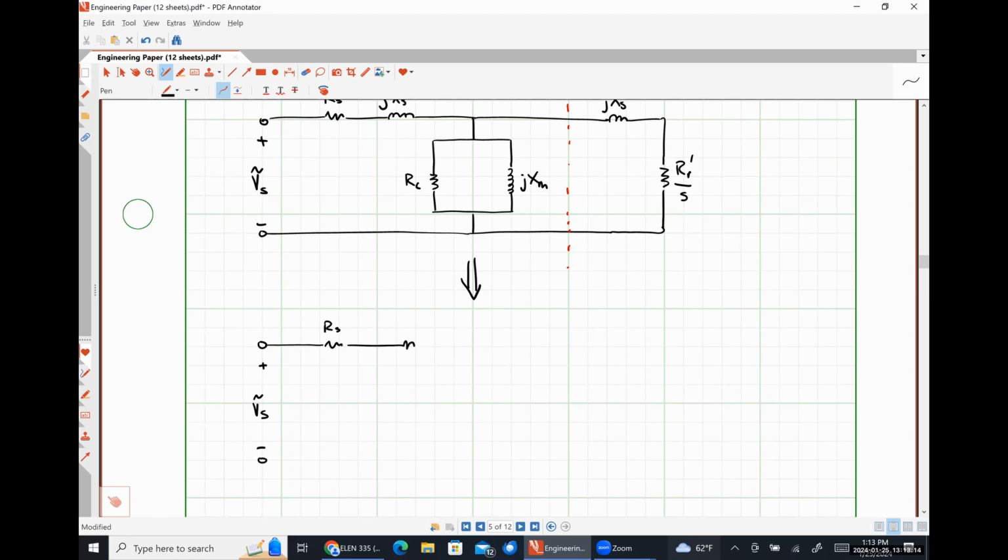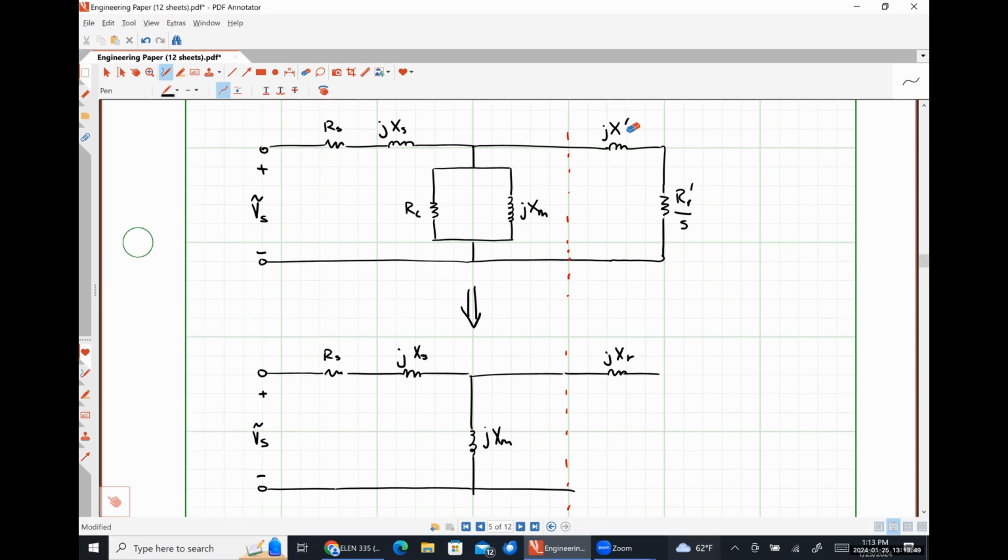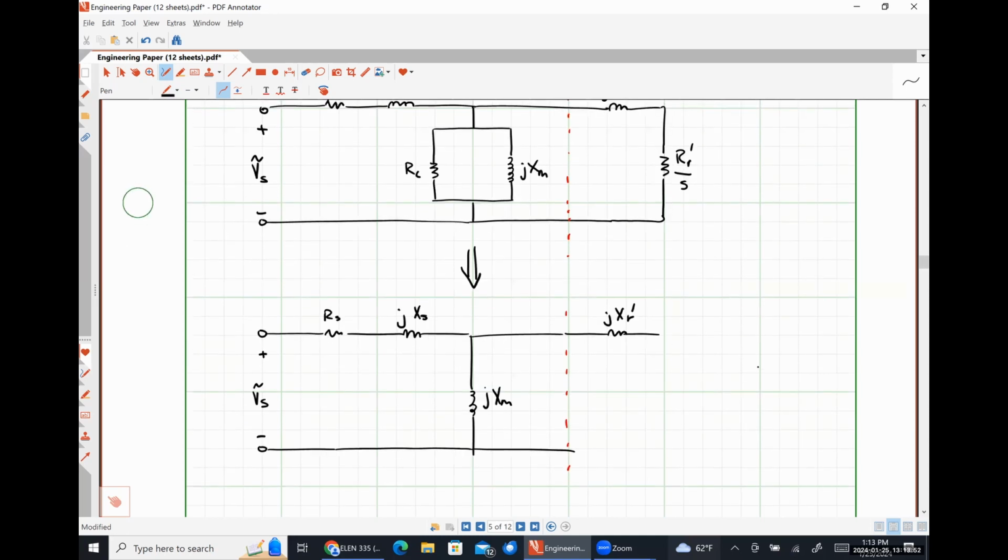RS, JXS, JXM, air gap, JXR, dang it, I made that mistake up there too. R prime, R sub R prime over S.